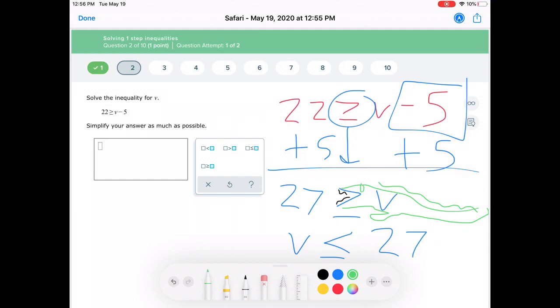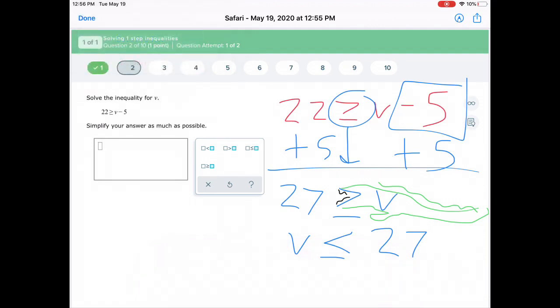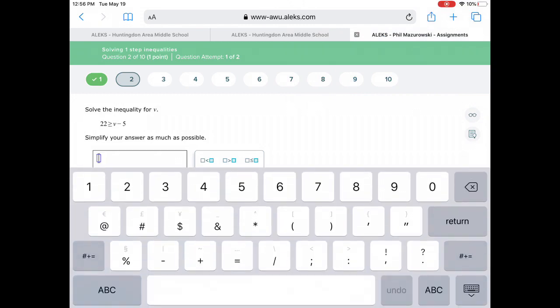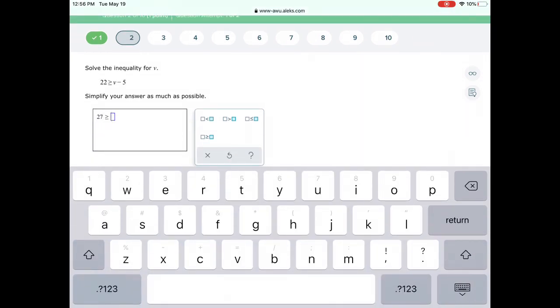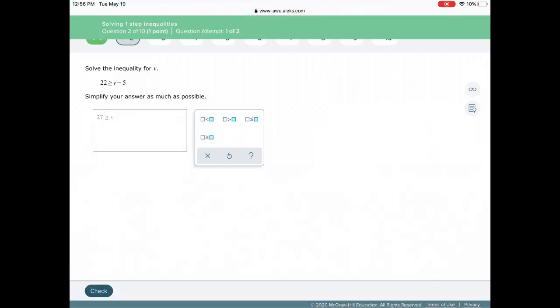So anyway, the alligator is eating the 27, so when we switch it around, we still have to have the alligator eating the 27. All right, but to show you that both answers are going to be acceptable, this time I'm going to put 27 is greater than or equal to v for the answer. So 27 is greater than or equal to v.